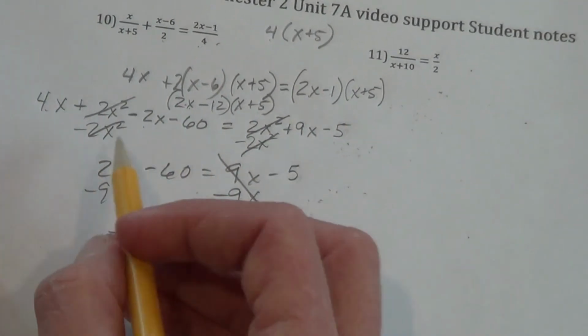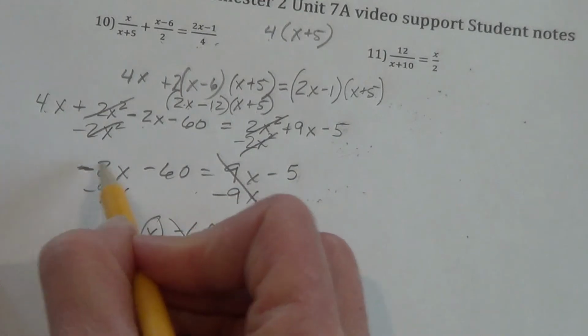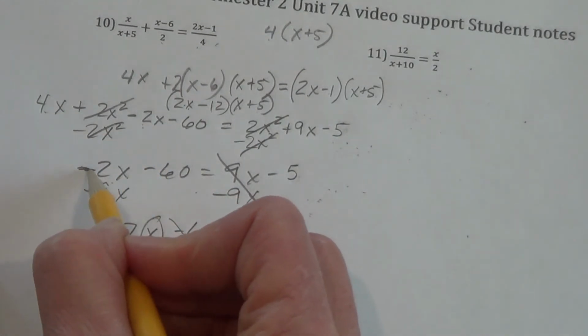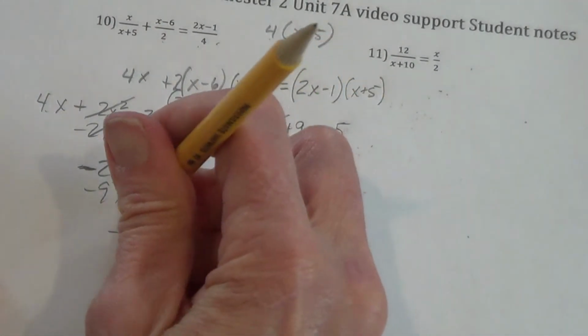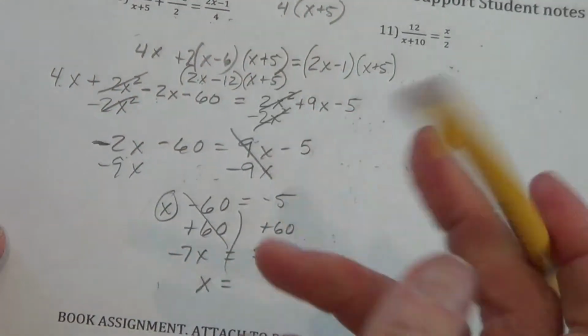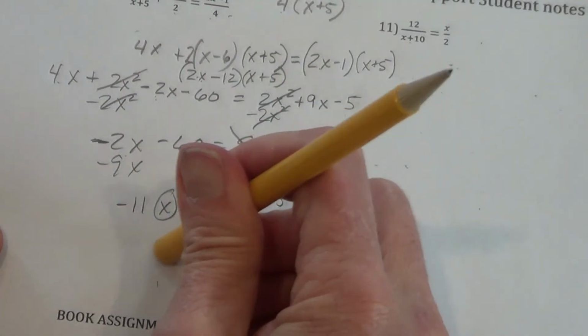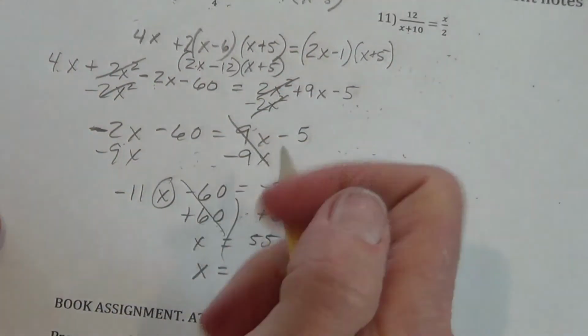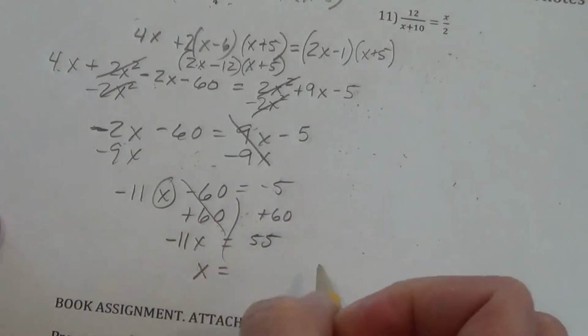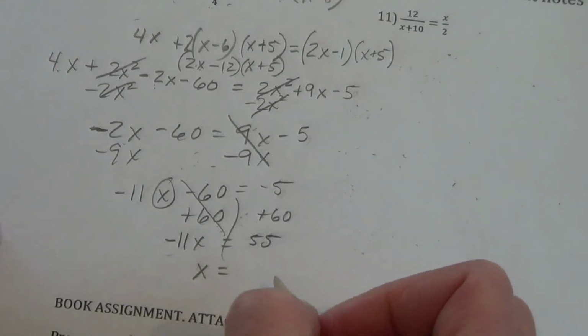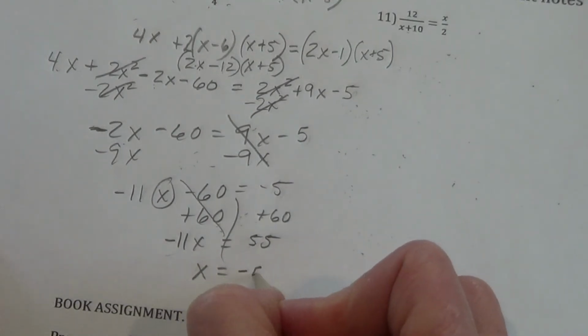Oh, I see where I did make an error. This was a negative 2x and needed to come down with a negative 2x. So therefore, negative 2x and negative 9x is negative 11x. And negative 11x divides into positive 55, negative 5 times.